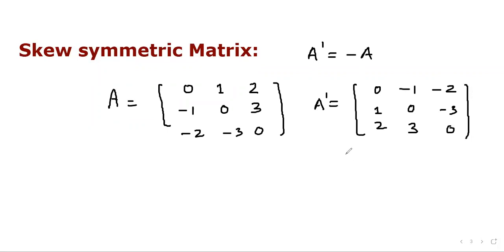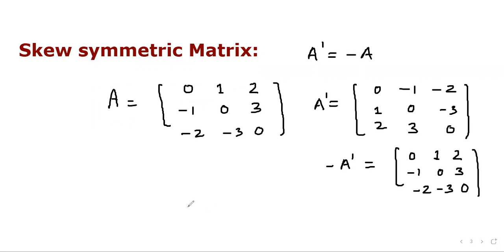Now, if we multiply each term by minus 1, minus A dash would be equal to 0, 1, 2, minus 1, 0, 3, minus 2, minus 3, 0. Clearly, A equal to minus A dash, or A dash equal to minus A. So this is an example of a skew symmetric matrix.